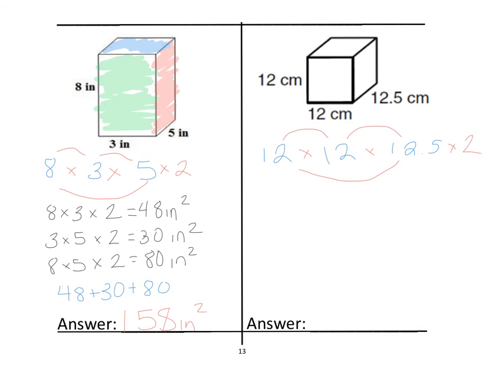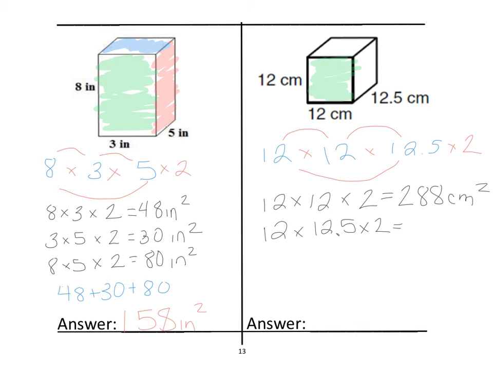So first things first is we have 12 times 12, and we know that there's two faces that are 12 by 12, so we have to multiply by 2, and that gives us 288 centimeters squared. For those that need to see it, we know that 12 by 12 is this face right here. Next we have 12 by 12.5 times 2, and that's going to give us 300 centimeters squared.